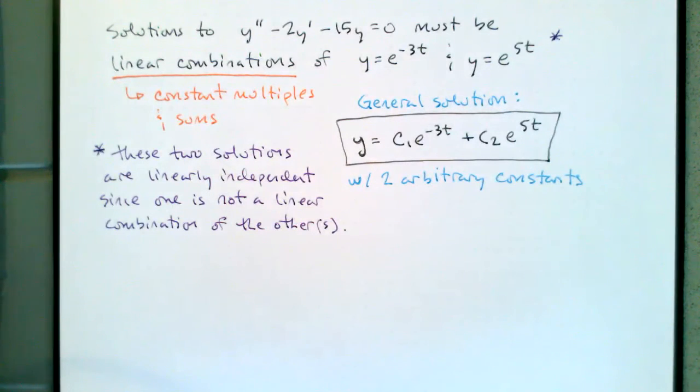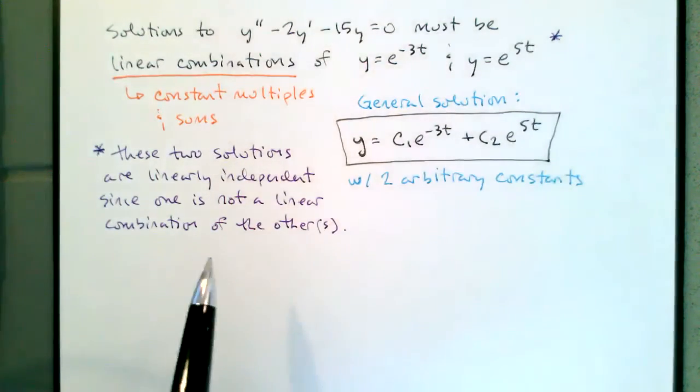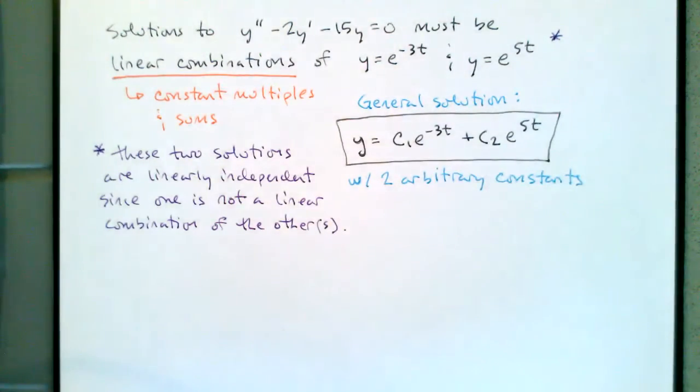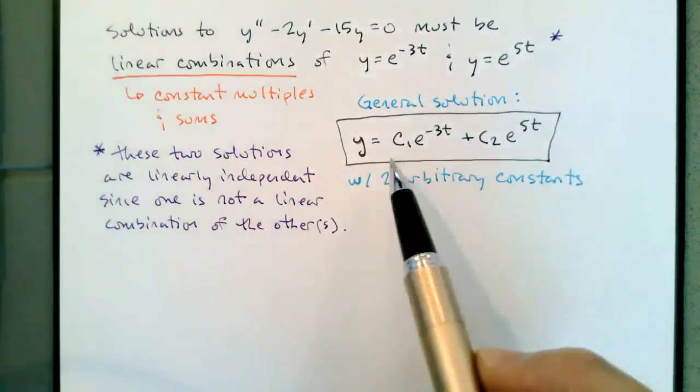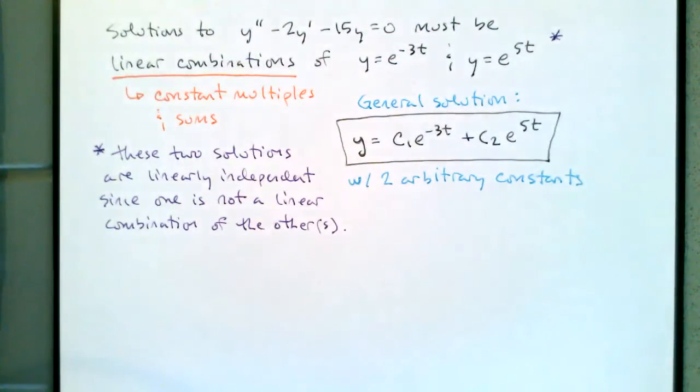If we had a third order equation, we should expect to find three linearly independent solutions. And so our general solution will have three arbitrary constants, three terms, a C1, a C2, and a C3. If you're worried about which one goes first, it doesn't matter. I could have said C2 e to the negative 3t and C1 e to the 5t. That's not important. C1 and C2 are arbitrary.